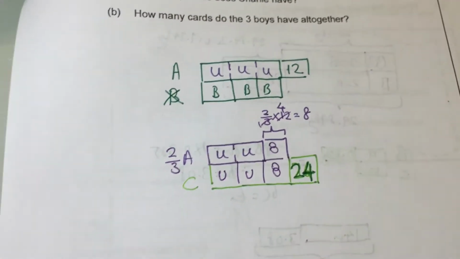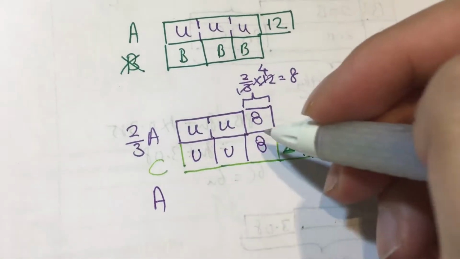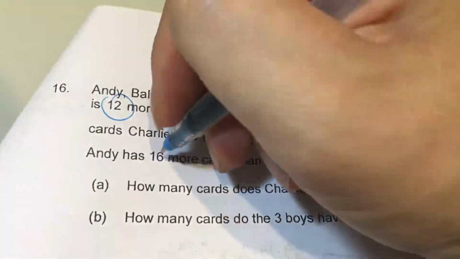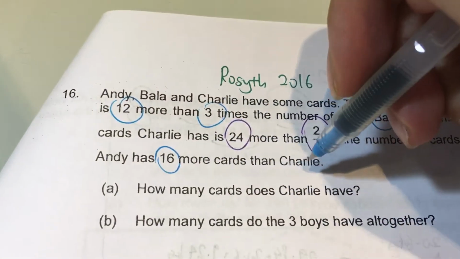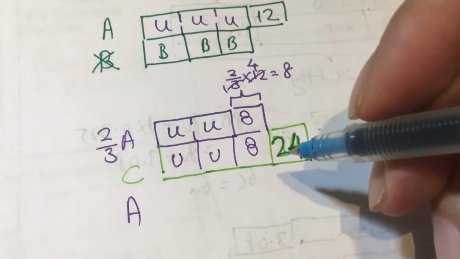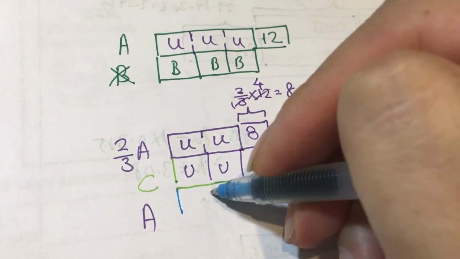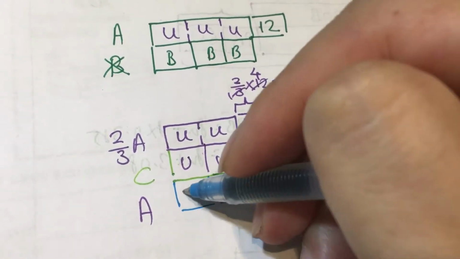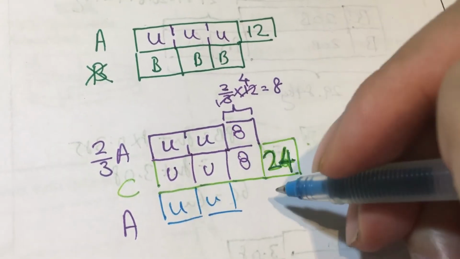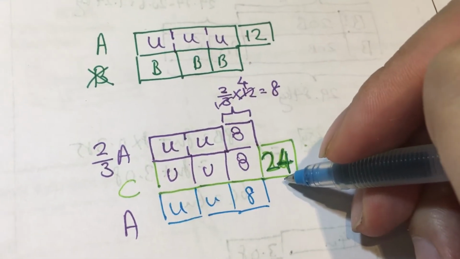Okay, so now how do I draw the full of Andy? Because right now it seems like another piece of information will be 16, and Andy has 16 more cards than Charlie. So what I'm going to do here is draw the full of Andy, which consists of 1 unit and 2 units, and then we have 8, plus another.